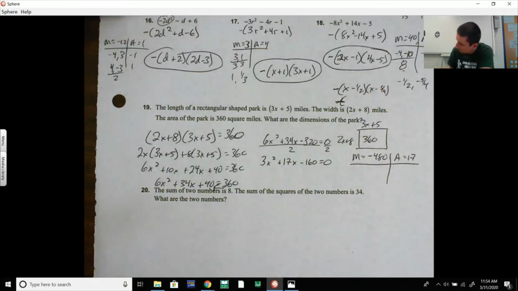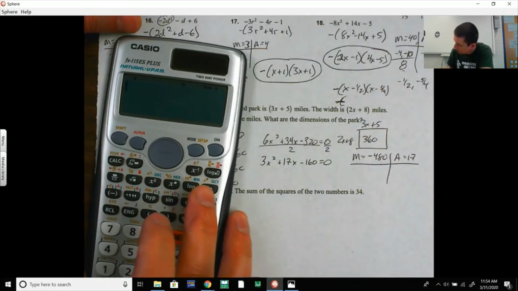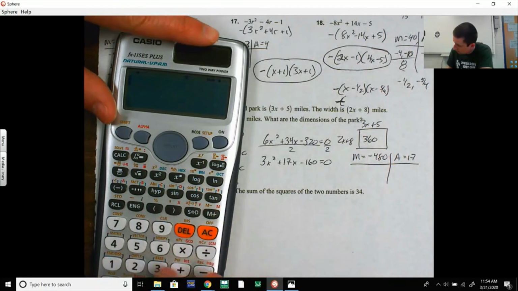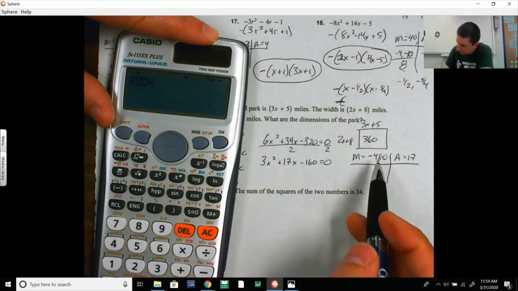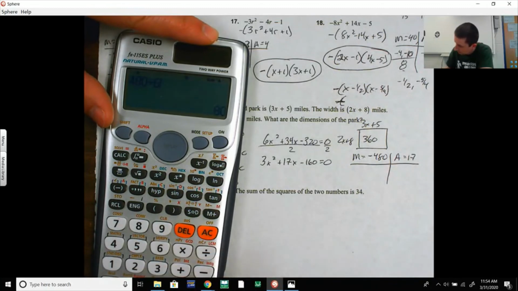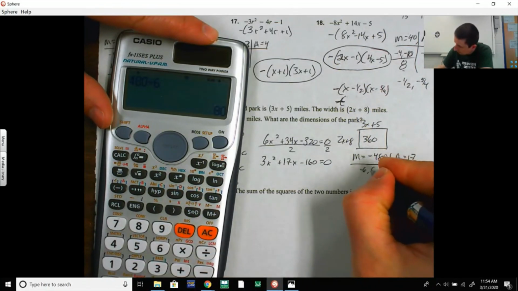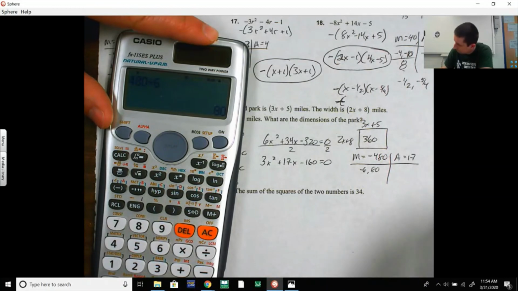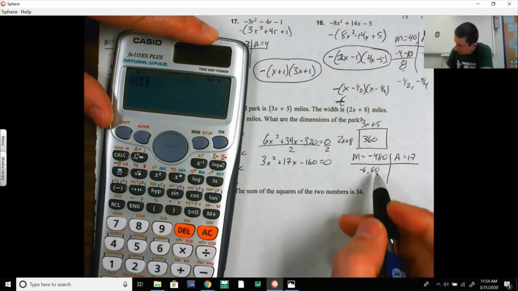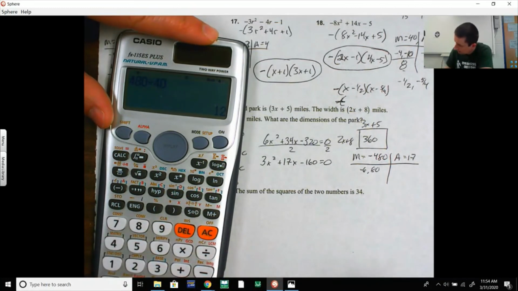Okay, how fast can I get this figured out? 480 adds to 17. So positive and negative, so 480 divided by, okay, well, there's a 48, so 6 works. Negative 6 and 80. That will not work. I need to go bigger. So what about 40? 40 goes into 80. 40 and 12.